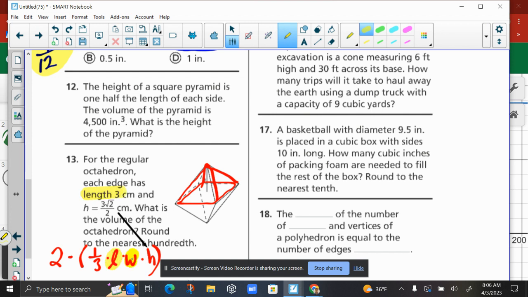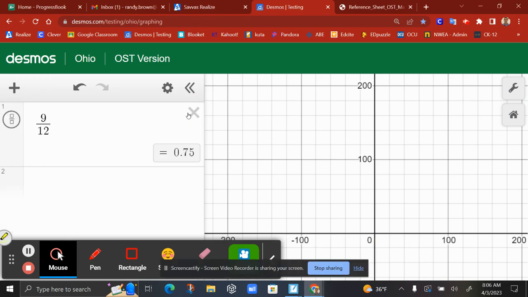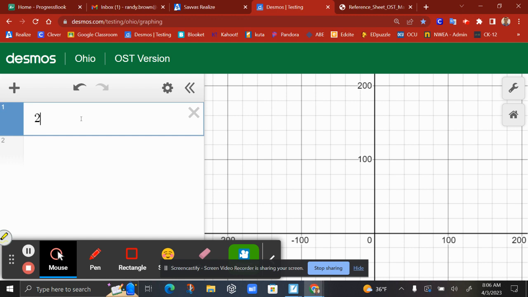So this is 3 and this is 3. So now we're just going to plug that in. Why do we have the 2 out front? Because we have a pyramid on top and a pyramid on bottom that are congruent. So we have 2 times 1 of the pyramids. So 2, because there's 2 pyramids, 1/3.